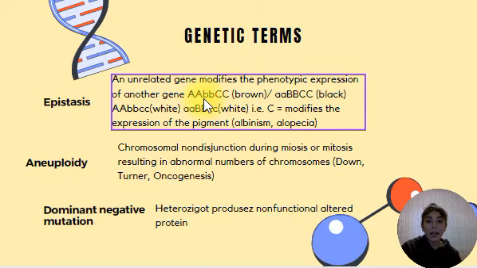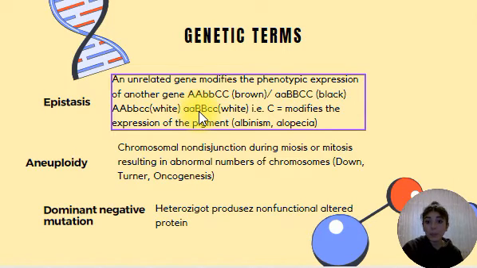For example, AA, BB, dominant CC. If AA is dominant, you have to have brown hair, right? And if CC is dominant, you will have it. Then if BB is dominant, you have to have black hair only if CC is dominant as well. Then if AA is dominant but CC is recessive, you will have white hair.